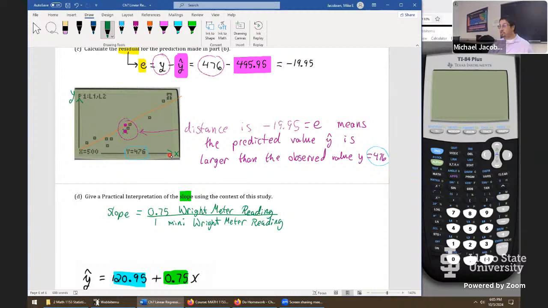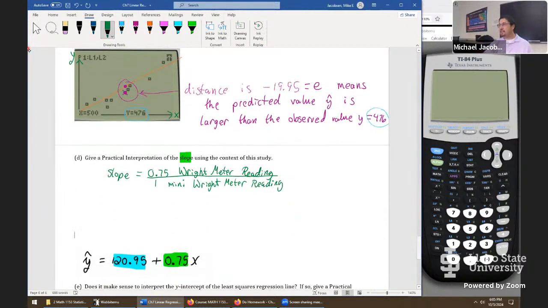Okay, so I would consider this to be a really important first step. Even if you make a mistake in the practical interpretation we're about to give, if you showed me this, then you're on the right track. You get partial credit just for writing this down, giving the units especially. But now, here's what the interpretation is going to look like. It always goes about the same.